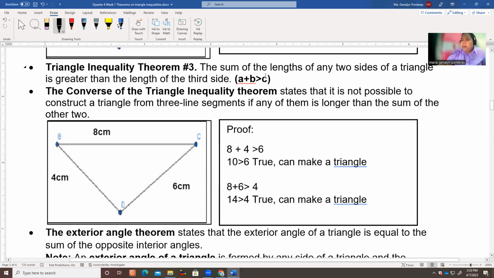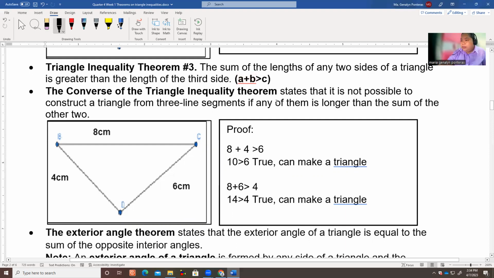So we have here the formula A plus B is greater than C, where A and B are the two sides. The sum of the two sides must be greater than the third side. Take note that the inequality na ginamit is greater than, hindi greater than or equal to. That's the only inequality na approved dun sa inequality theorem number 3 natin.